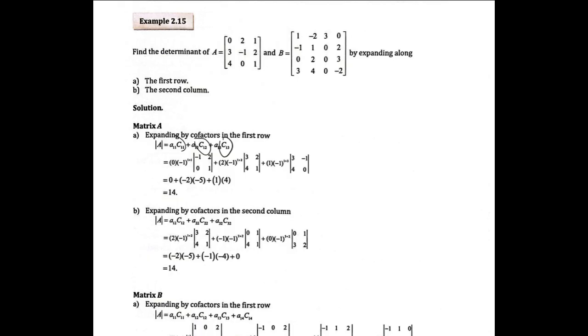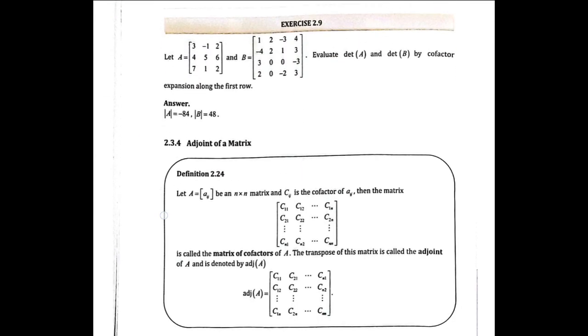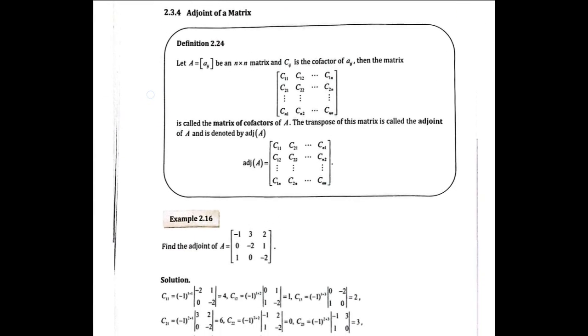But if the question wants you to find the adjoint, this is maybe the last subtopic for this video. We are going to use the adjoint later on in our calculation, but now let's just be familiar with it. If they want you to look for the adjoint, there is no other way around. You will need to calculate the cofactor for each element, and then you need to transpose it.